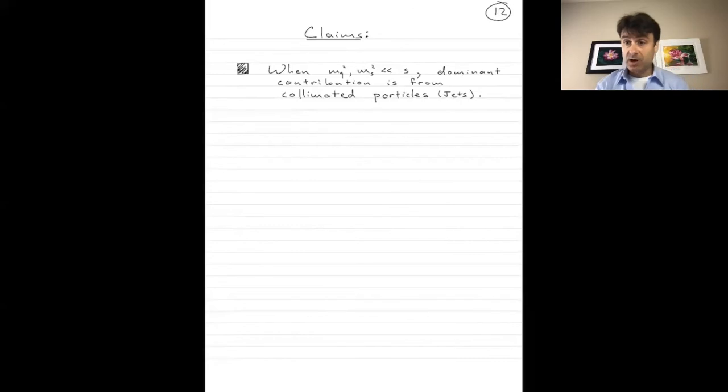Okay, so that's the process. I'm going to reiterate it here in just a second, but let me make a number of claims about what we can do with this process, and what masses are basically restricting: the energies of the interaction to be larger than the mass scales.